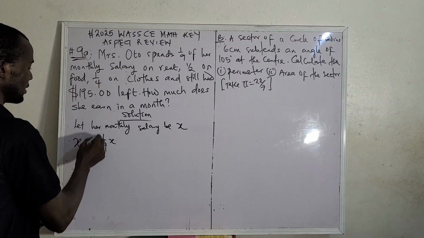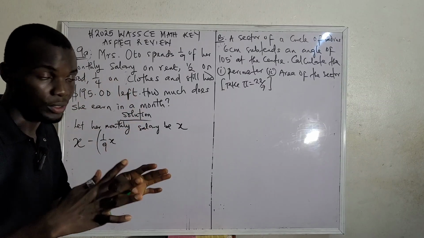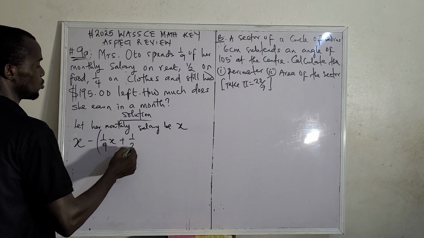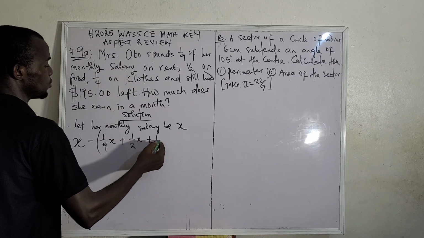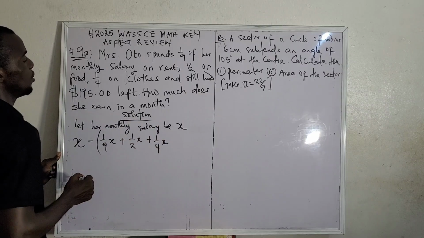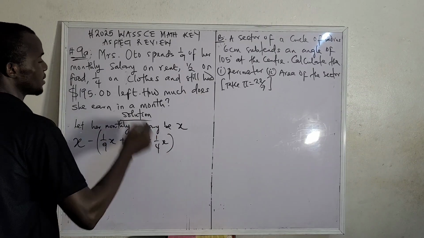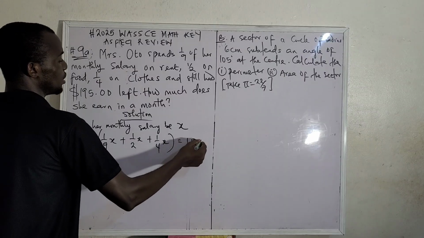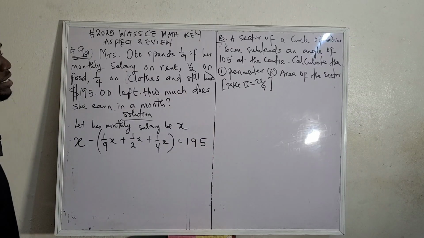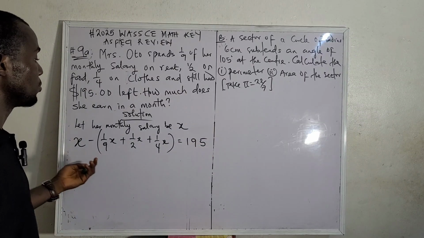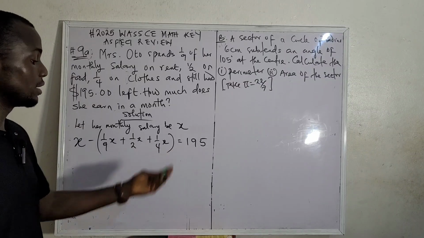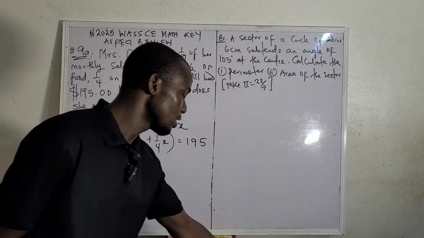All right, so let's accumulate that. This is plus 1/2x plus 1/4x. All right, and what was left was 195. So she was left with 195. That's what we are going to do, just to form an equation and then solve for x.